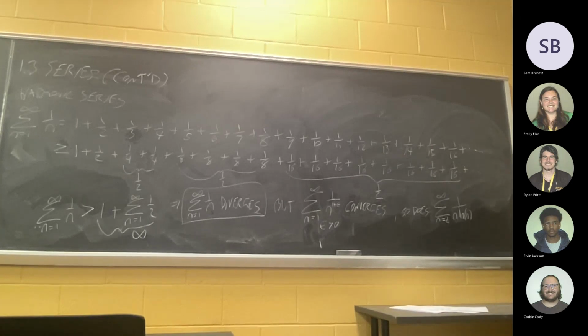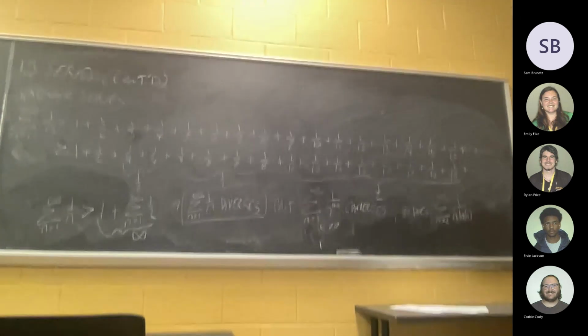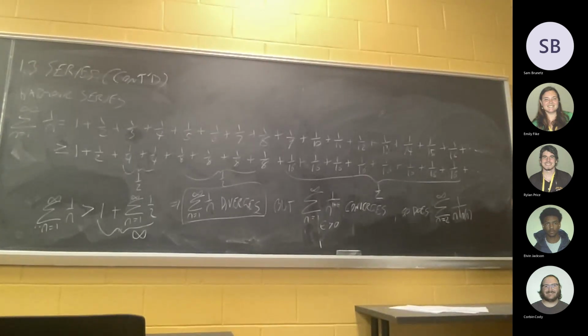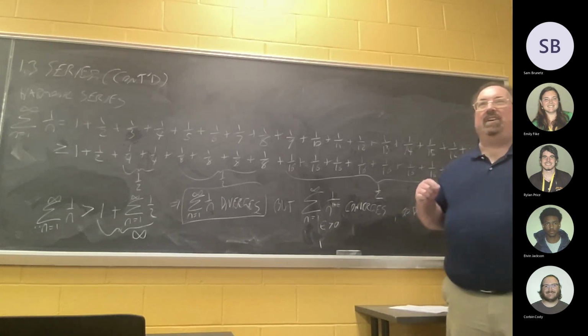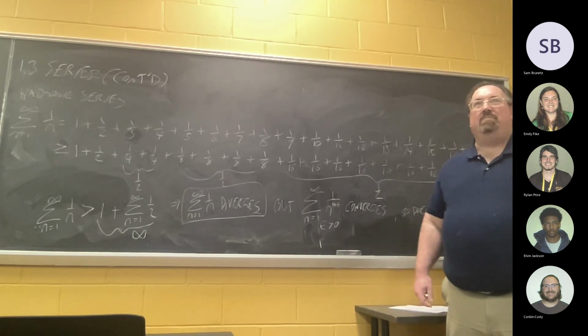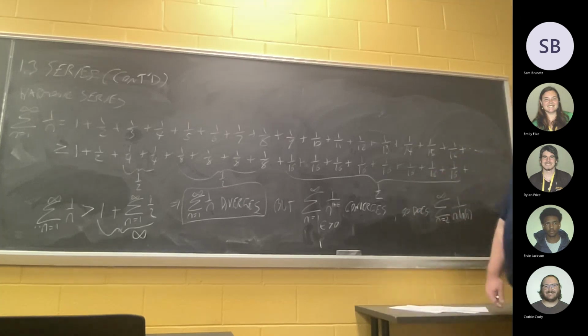I'm probably just missing something so minute. Well, it is counterintuitive, because it's difficult to wrap your head around the idea that it's not just the fact that the numbers are going to 0, but they need to go to 0 at a fast enough rate for this to work.